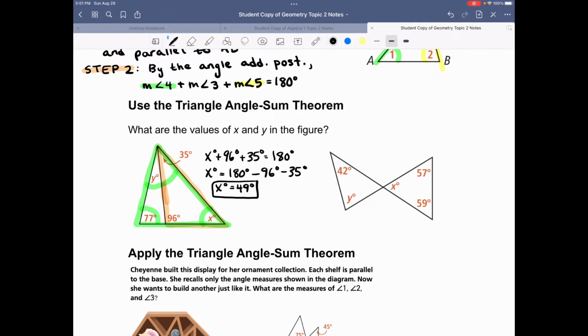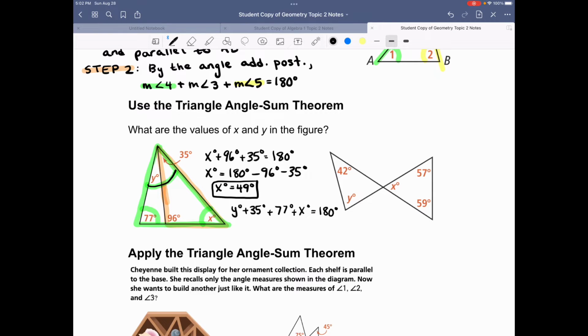So we'll write an equation with y first, and then we have 35 being added to it to get that angle that's right here. Then we can add this bottom angle, 77, and then we can add the x angle, and altogether that will equal 180 degrees.